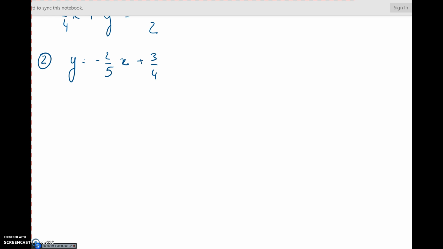Second of all, the general form is ax plus by equals c. So it's just a question of having x and y on the same side. Therefore, what you are going to do is add 2 over 5 to both sides of your equation.